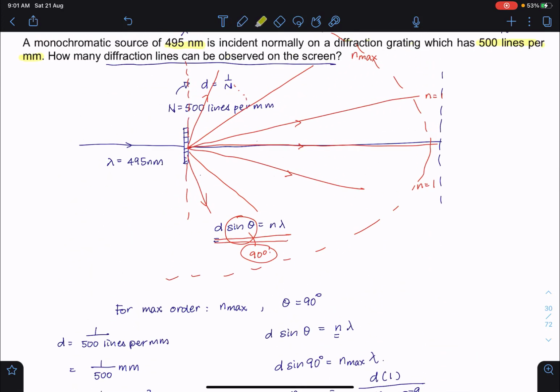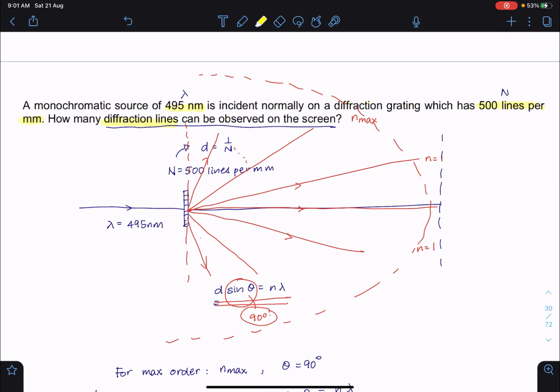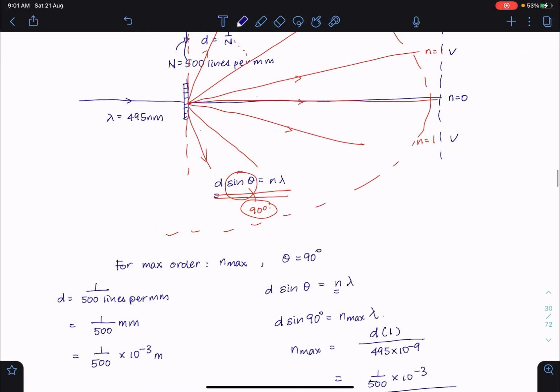But the question asks for the number of diffraction lines. So this goes back to the pattern. We need to consider the 0th order at the center. And then if there's n equals 1, then there's actually 1 on each side. So if there's n equals 4, I need to go 1, 2, 3, and the 4th one. Okay, n equals 4, 4 on each side.